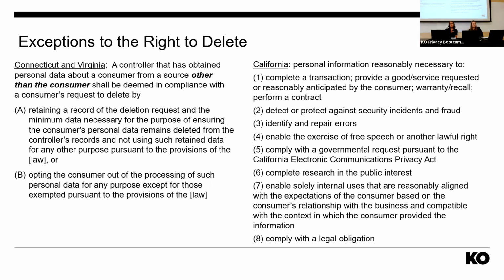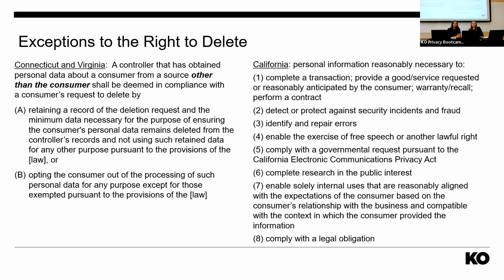Between some of the laws, we already mentioned California earlier. Technically, you only need to comply with the deletion request as it concerns the information you collected directly from that consumer. I think that's important in the employment context. Also, to the extent you're getting feedback from other people about that employee, you wouldn't have to delete that information in response to a deletion request.